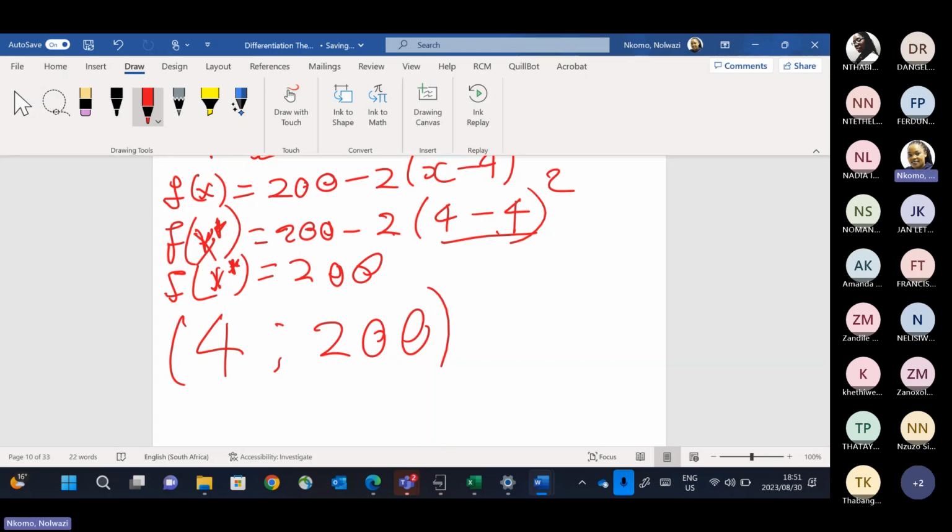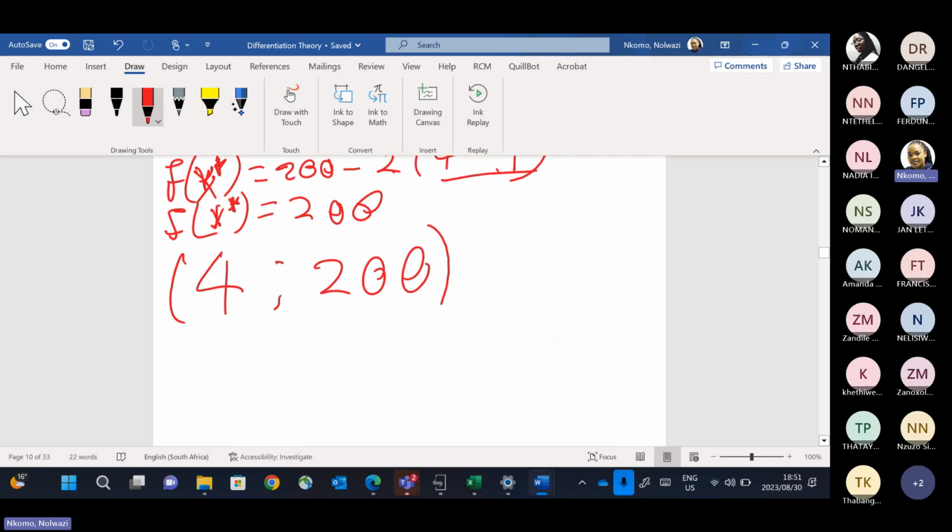And if the second derivative of that function is less than 0, then we'll say the turning point is the maximum turning point. And if it's greater than 0, then that stationary point is the minimum point. Right.